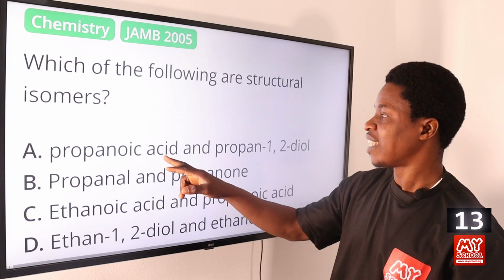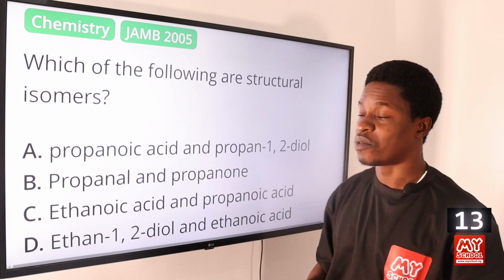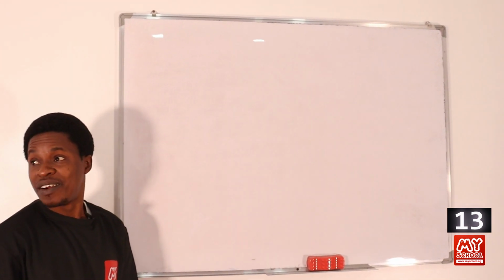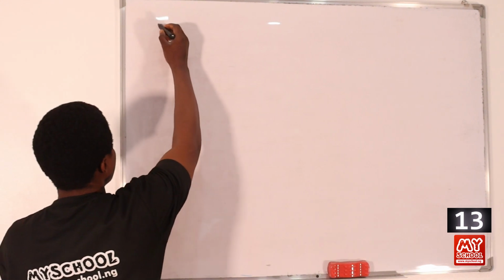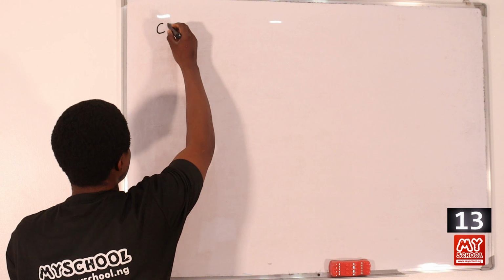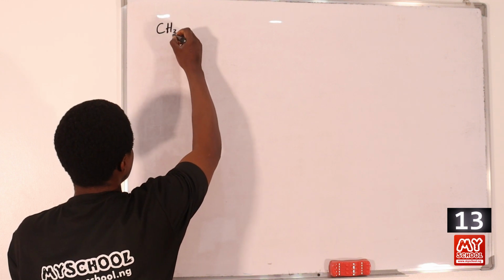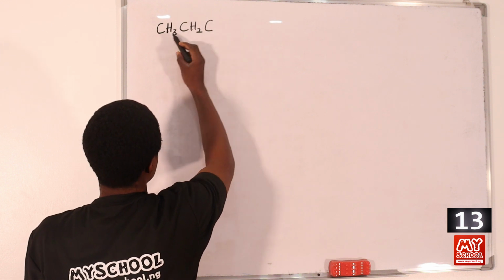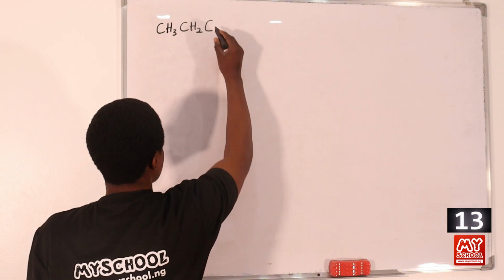We have propanoic acid and propan-1,2-diol. So let's look at propanoic acid. Propanoic acid is CH3CH2, that means we have 3 carbon atoms, propan, okay?